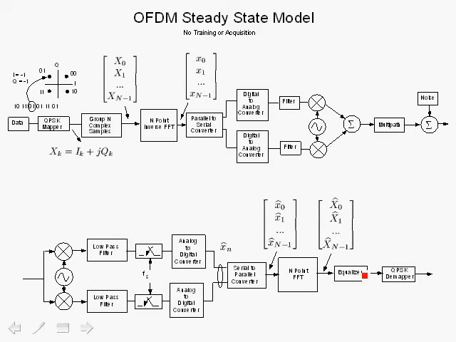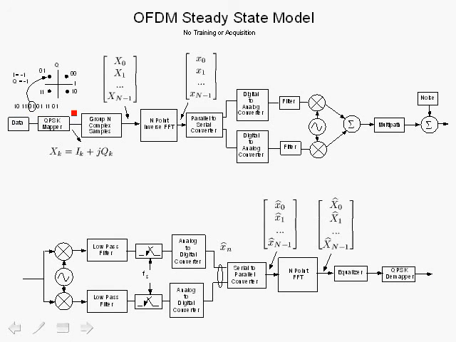This equalizer we will discuss in detail later on when we talk about acquisition, but we're just showing that you need to know this. So assume that you know what the multipath is and you equalize for the multipath effects before you take the constellation points and map them back into bits. At this point we map the constellation points back to the bits and we recover our original data stream.